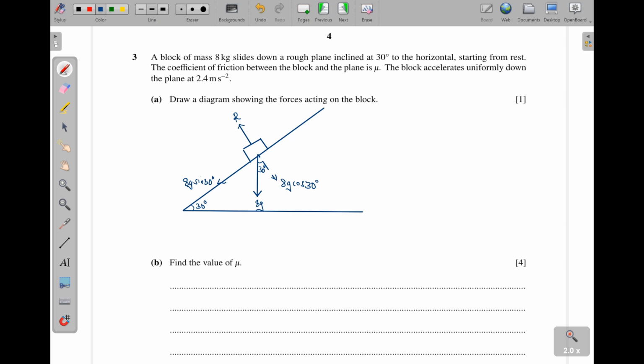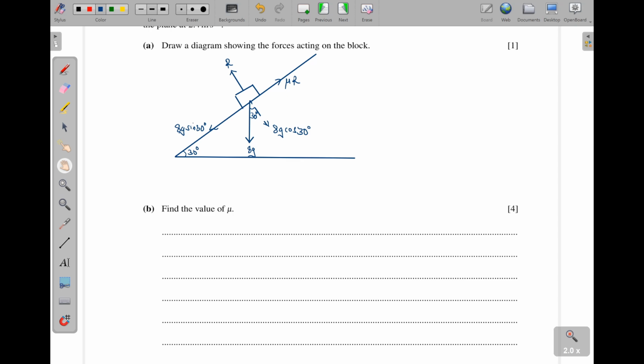Since it slides down and this is a rough plane, the frictional force acts upwards because it opposes the motion. So here we shall have mu R. Okay, so those are the forces acting on the particle.